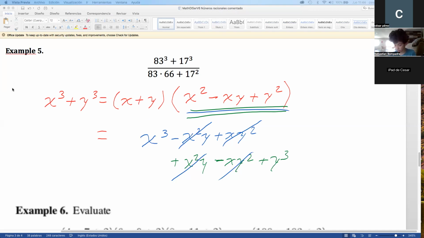In Spanish we say suma de cubos. Maybe in English it is sum of cubes. Well, but this is very important.